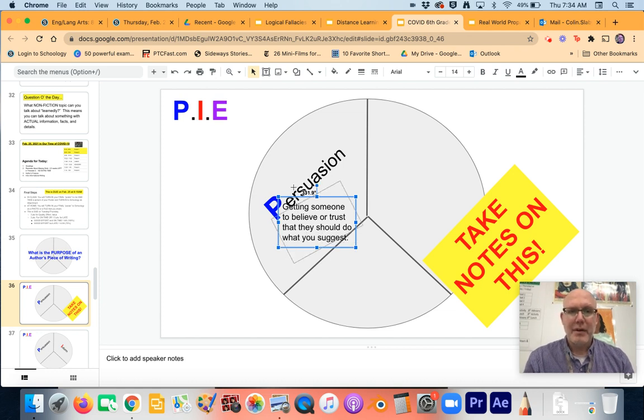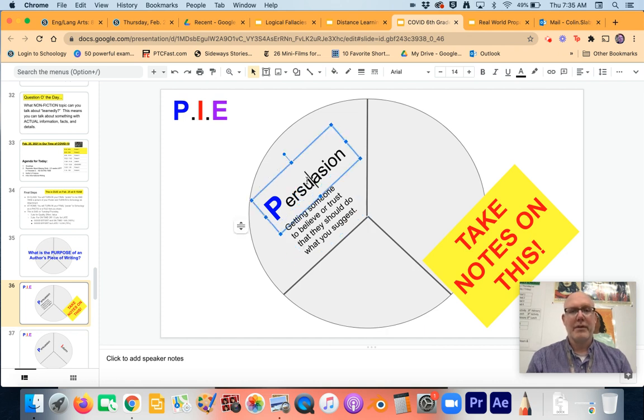That is a pretty decent definition for persuasion. Getting someone to believe or trust that they should do what you suggest. I want you to go to the store. All right? I'm going to try to persuade you. Or you should clean up after yourself on the beach. That's helping the earth. Persuasion, getting people to do what you're suggesting. They should either trust it or they should believe in what you're doing. Okay, that's the first one.